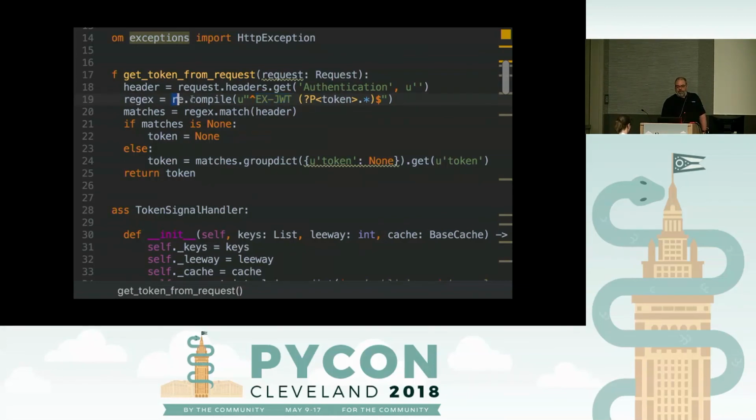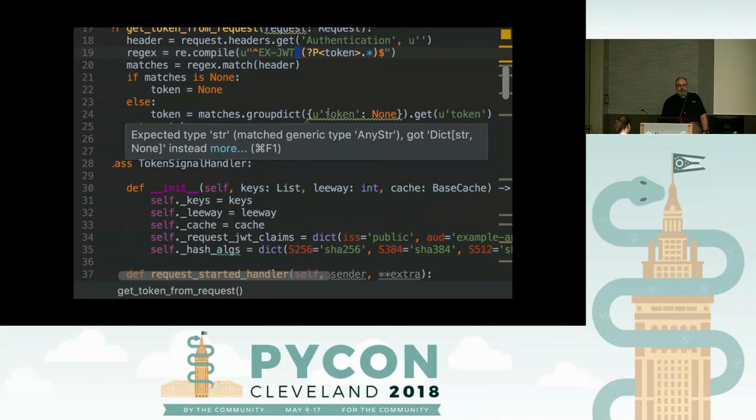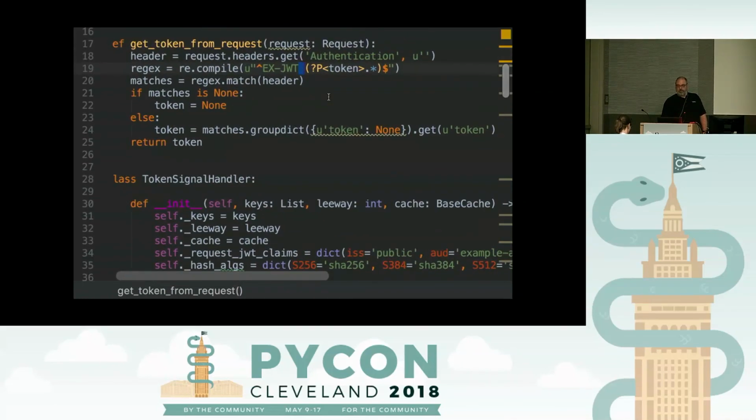So we're actually just doing a regular expression to get the token out. Basically everything after EXJWT space is the token. Pretty simple little regex there. Why not a split? What's that? Why not a split of the string? It would work. It might not have worked for other things.